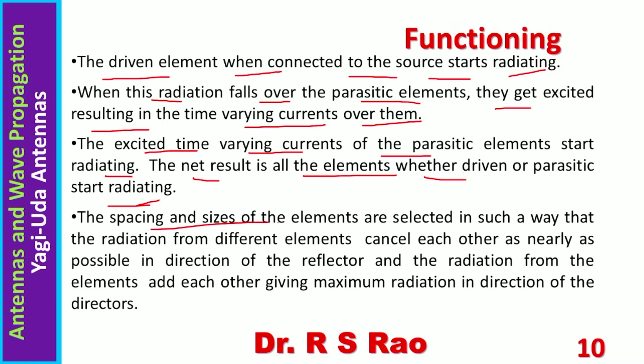The spacing and sizes of the elements are selected in such a way that radiation from different elements cancel each other as nearly as possible in the direction of the reflector, and radiation from the elements add to each other, giving maximum radiation in the direction of directors or deflectors. So there exists maximum radiation towards directors and very little or nil radiation towards the reflector.